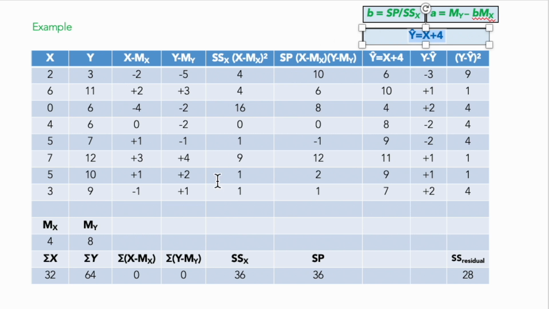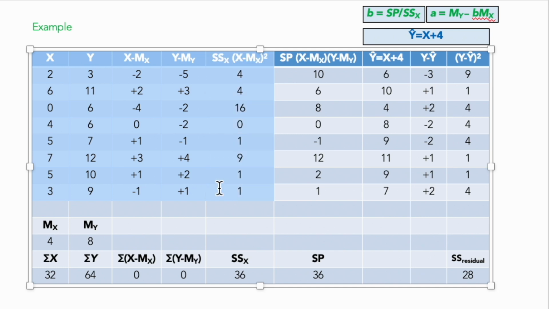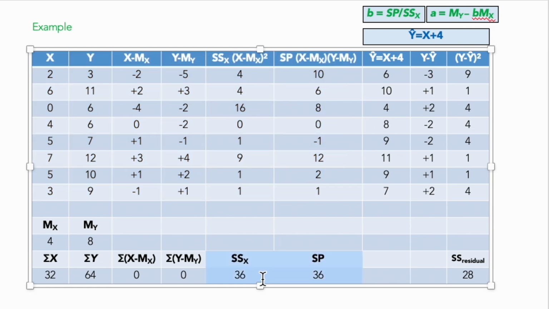Based on the data that you have, x and y. The first step is to find the x minus mx, y minus my, and then sum of squares for x, and then the sum of products. When you have all of this, you can calculate the sum of products and sum of squares x, and using this you can calculate the value for b, and using that you can calculate the value for a as well.